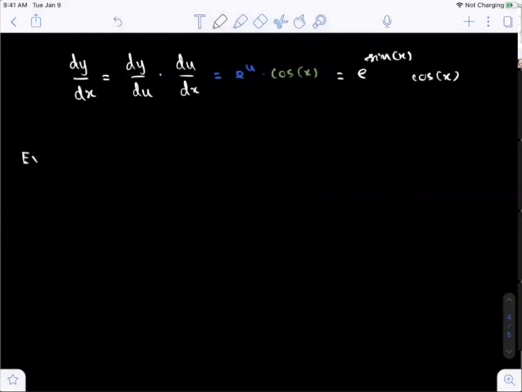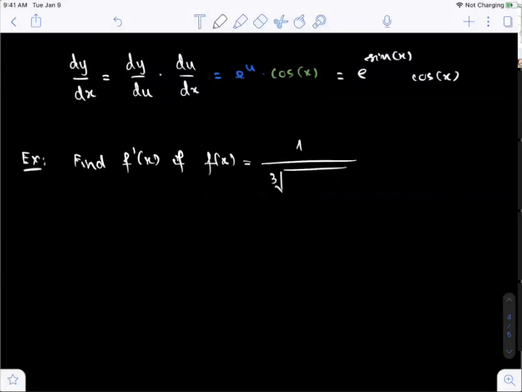For this example, I want you to find the derivative f prime of x if f of x is equal to 1 over the cube root of x squared plus x plus 1. For this, you can rewrite the function as a power function.